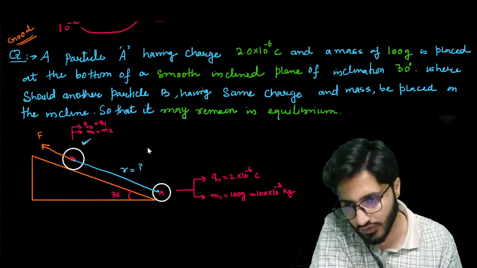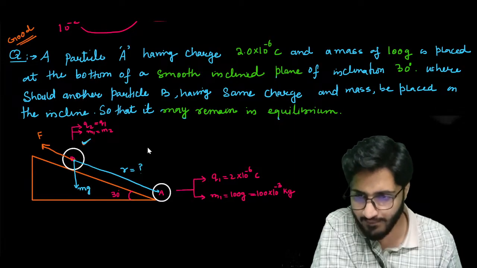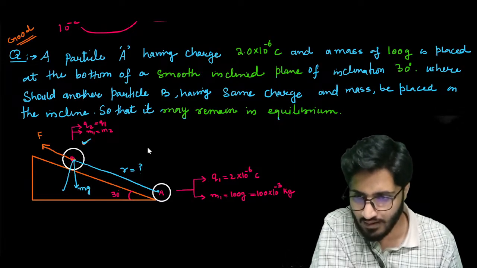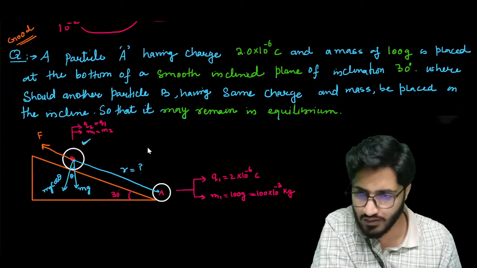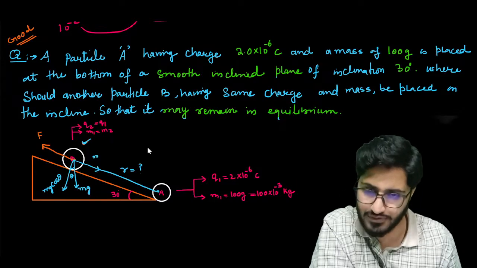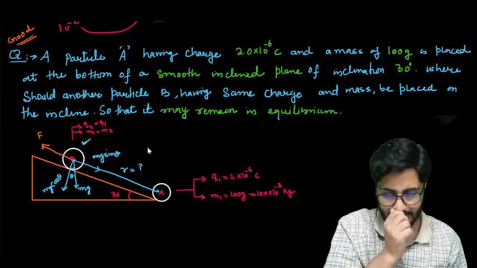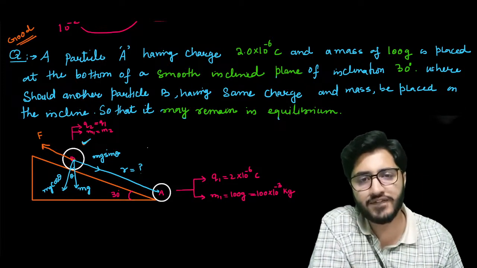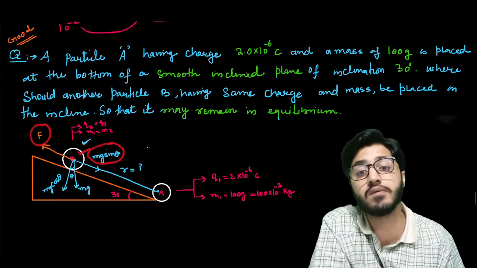So look, this would be my mg. It is theta. It will be my mg cos theta, and this would be my mg sin theta. If for this particle to be at rest, this force should be equal to this force, then only it will be in equilibrium.